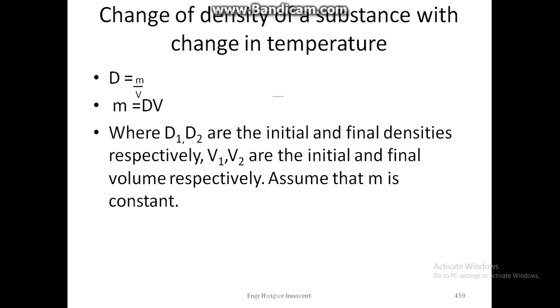Assuming M is constant, D1 V1 equals D2 V2, which is equal to mass, which is a constant. D1 over D2 equals V2 over V1. Gamma is equal to V2 over V1 minus 1, all in bracket 1 over theta.